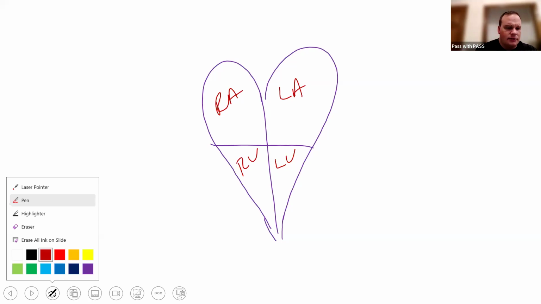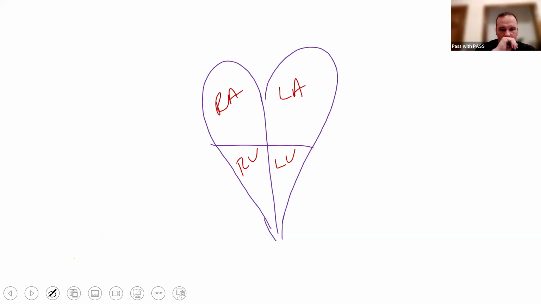So, with atrial fibrillation, what is actually happening is you have thousands of these sites in your atria, and they are called ectopic foci.